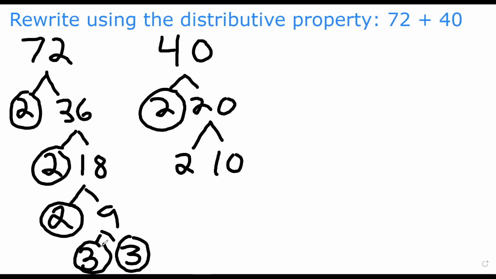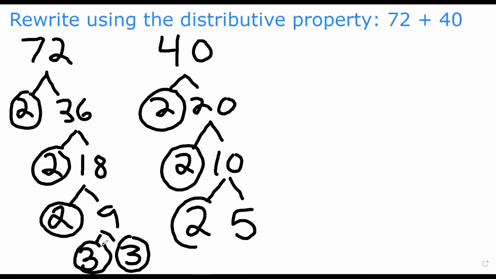And then we can circle the number 2 again and move on with 10. Once again, we have a number that is divisible by 2, which would be 2 and 5. So we can circle both of these because they are both prime numbers. And now we have completed the prime factorization for the number 40.